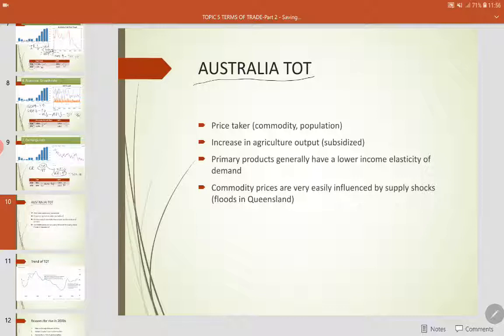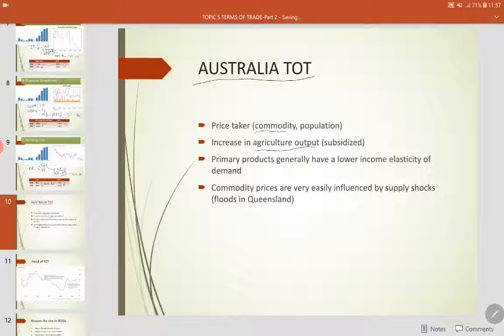So basic information about Australia's terms of trade is, the nature of Australia is they are price taker, right? Price taker means because of a low population and we are producing commodity goods, minerals, rural and non-rural, we usually follow the world price. In current years, agriculture output has been increasing because of the subsidies given.